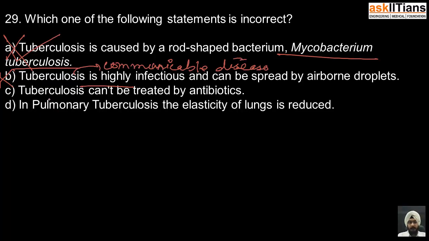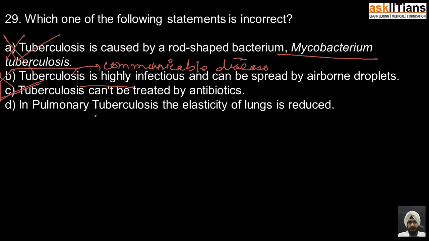And the third option is tuberculosis can't be treated by antibiotics. This statement is incorrect, hence it is the correct option, because there are antibiotics which can treat tuberculosis. So tuberculosis can be treated by antibiotics. So option C is the correct one in this case.